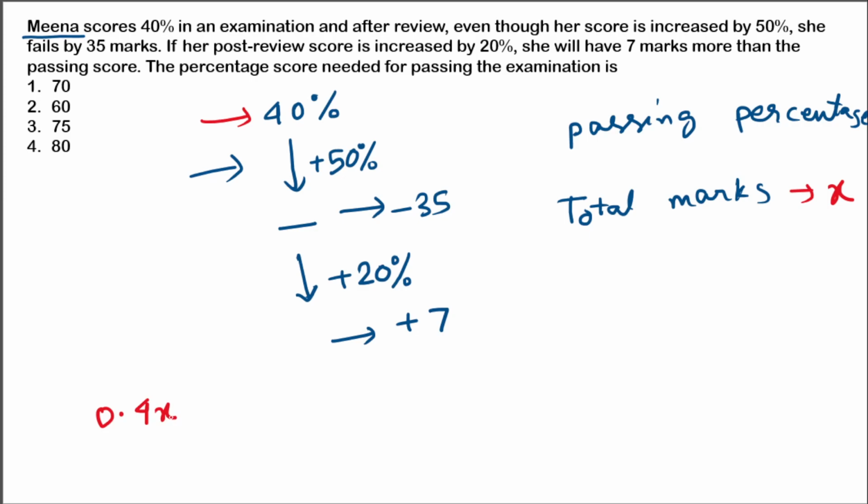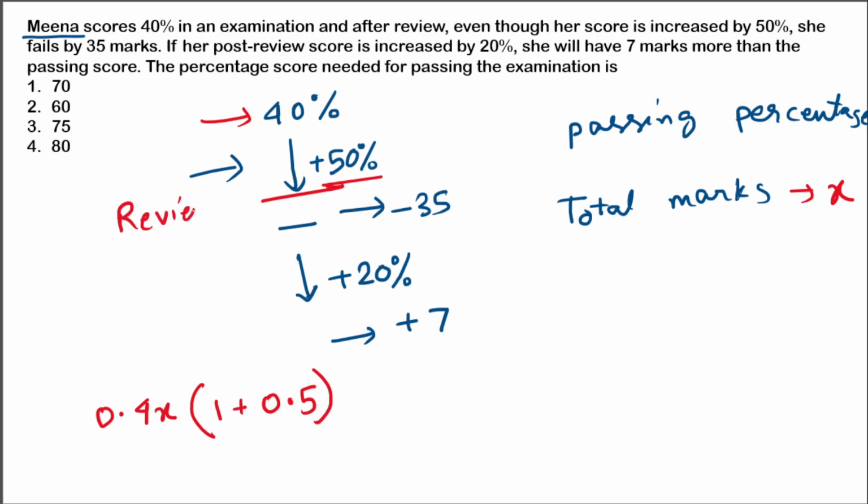And if her marks increase by 50%, it will be this into 1 plus 0.5. That will be her score after review.